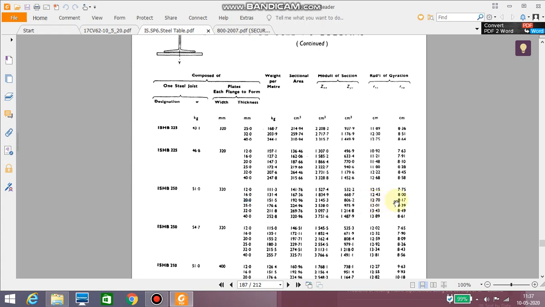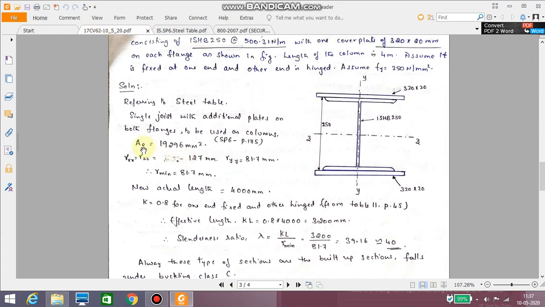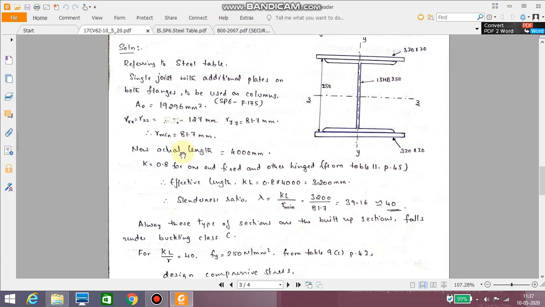Out of these two values, ryy is the smaller value, so we will take the smaller value, 81.7, from the steel table. So from the steel table we got A equal to 19296 millimeter square, rzz is 127, ryy is 81.7 mm, therefore r minimum is 81.7 mm.